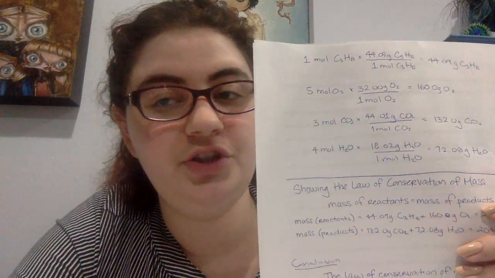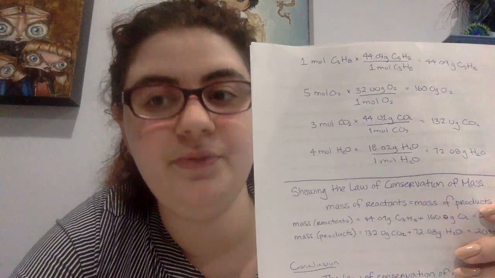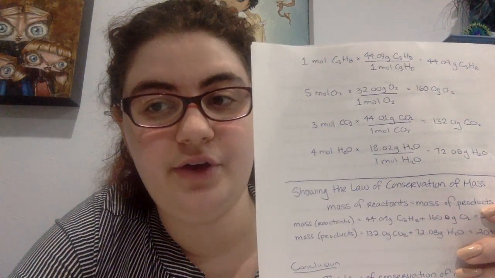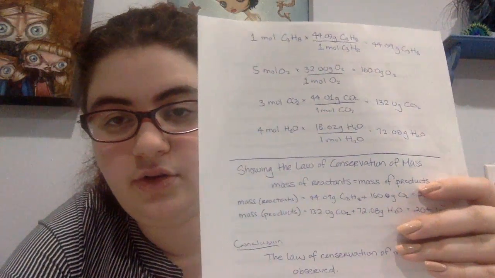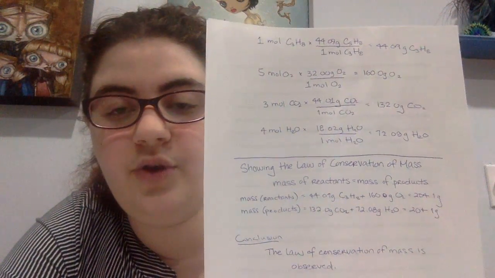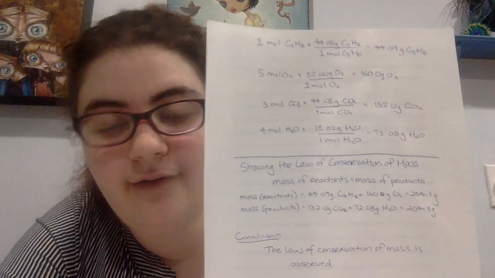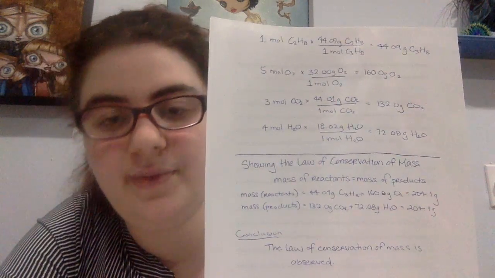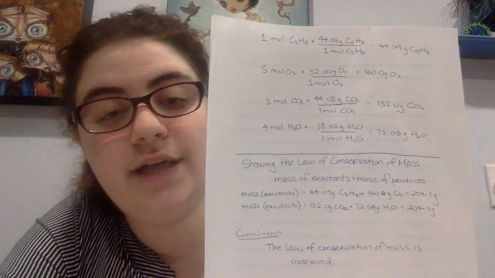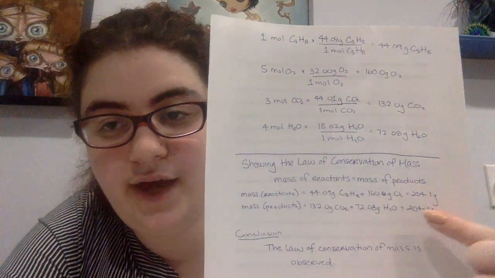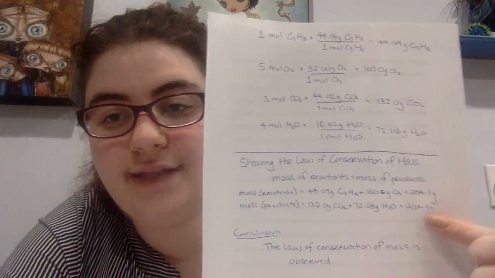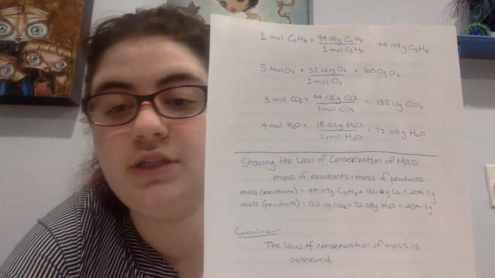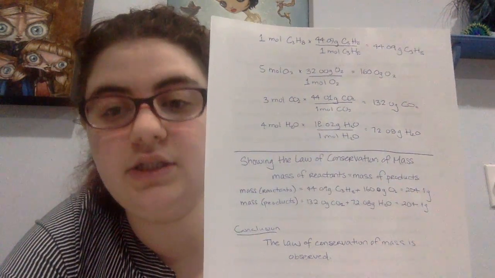And then we have 132 grams of carbon dioxide and 72.08 grams of water. So in order for us to show the law of conservation of mass, the mass of the reactants must equal the mass of the products. You just need to add up the mass of the reactants and the products on both sides. As they are equal, the conclusion is that the law of conservation of mass is observed.